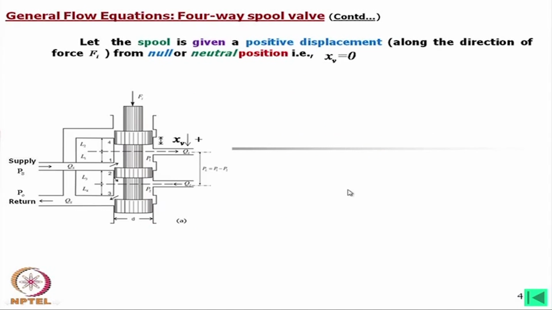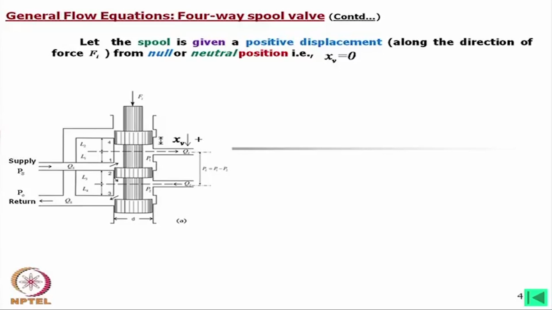Let the spool be given a positive displacement from the null or neutral position where xv is equal to 0. What is the null position? That neutral position from which the valve can move either in the right direction or the left direction is called the null position. Now, usually we prefer to use the critical center valve. What does the critical center valve mean?